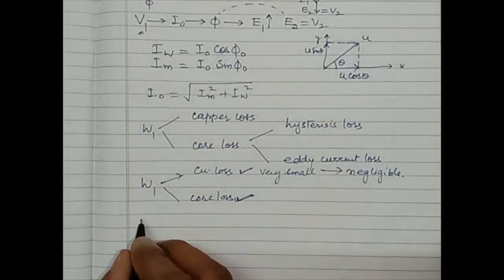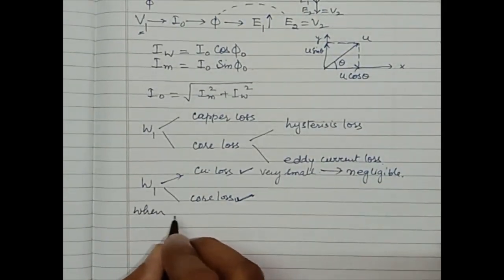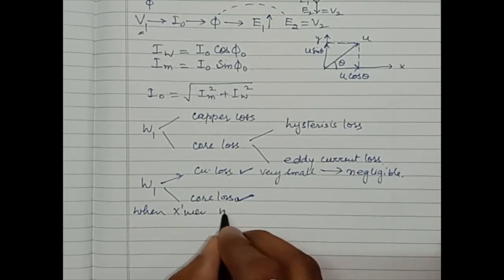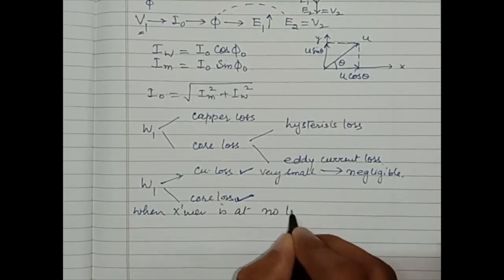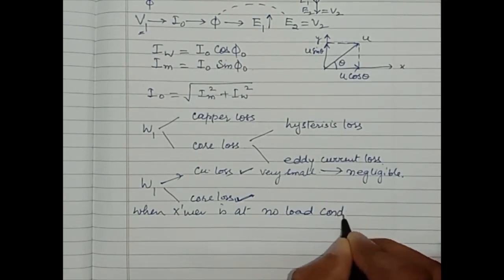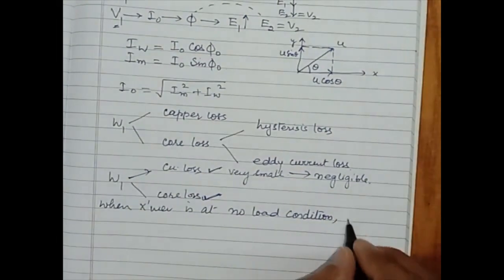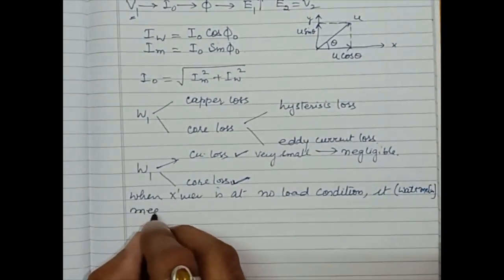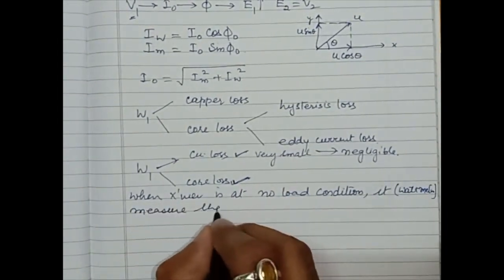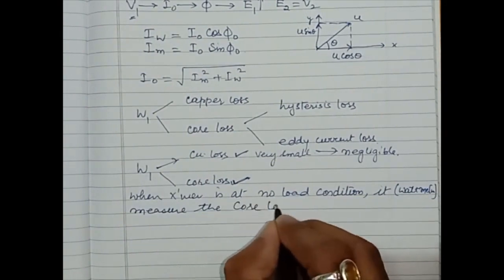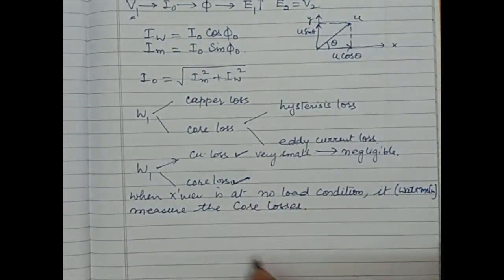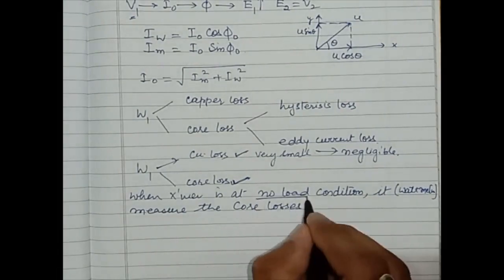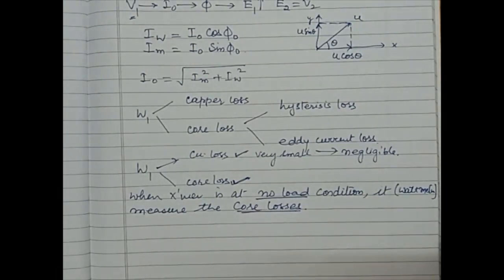So when the transformer is at no load condition, the wattmeter we connected measures the core losses.